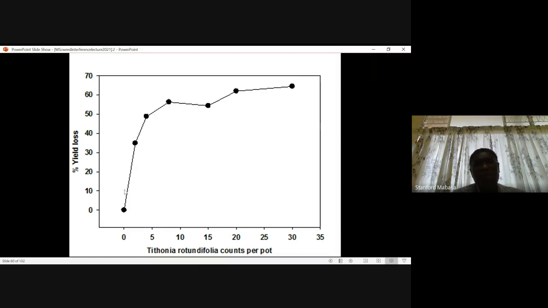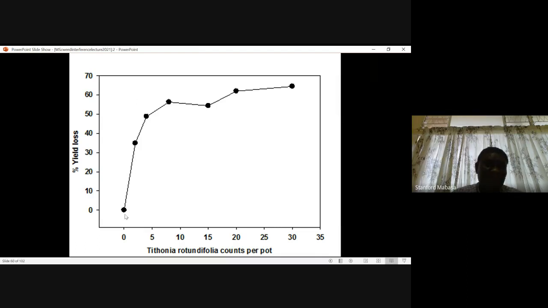So for weed density studies, when you plot yield loss versus weed density, you always come up with this sort of curve, which is known as a rectangular hyperbola. I should have mentioned it. It's known as the rectangular hyperbola.